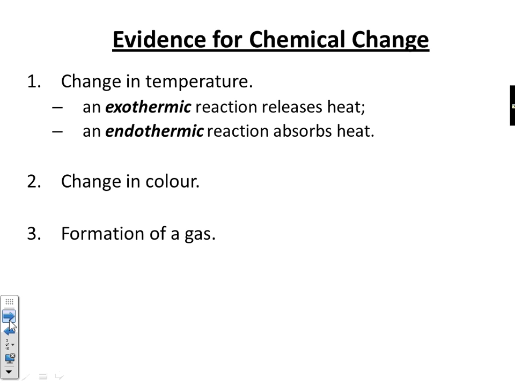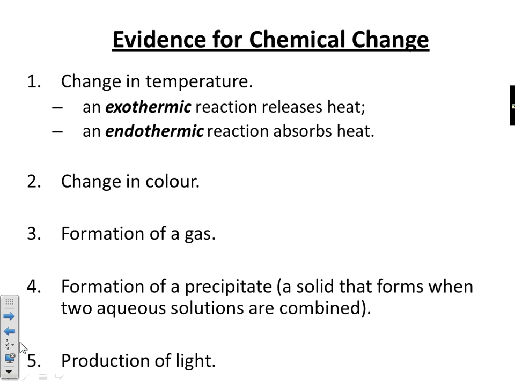All right. So let's remind ourselves of the evidence of chemical change, because we will be looking at various reactions. And again, what we're doing today is we're just learning about balancing. We're going to practice some balancing. And then after the test on Tuesday, so next week, Wednesday, we're going to start looking at the types of reactions.